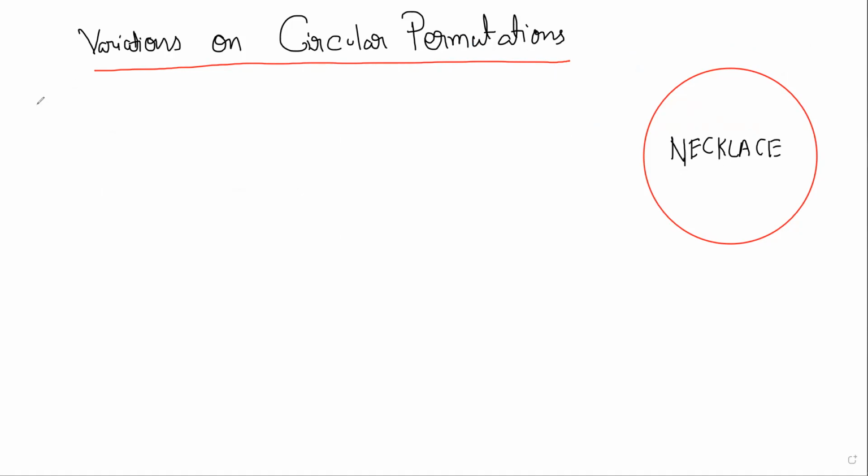So let's say that you have a circular necklace and you have n distinct beads. If the beads are not distinct, then it becomes a pretty hard question. But if there are n distinct beads, since we are doing this for the first time, we can just keep it 10 distinct beads. Simple.